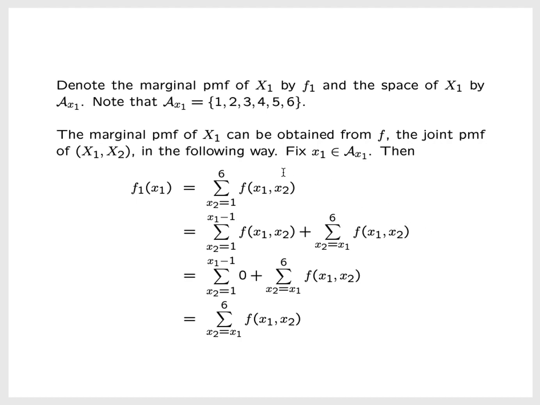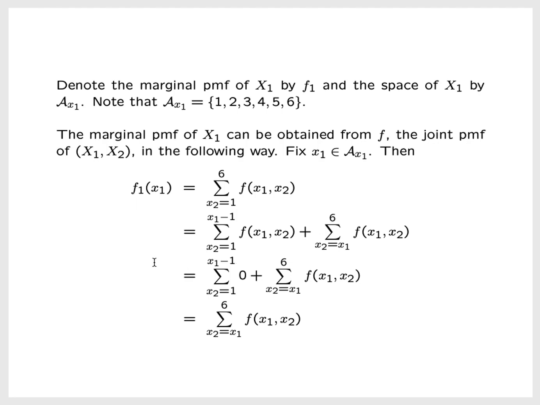Now I'm going to decompose this sum of the joint PMF into two pieces. The first piece is the sum of the joint PMF, where X2 goes from 1 up to X1 minus 1. And then the second piece is the sum of the joint PMF, where X2 starts at X1 and then goes up to 6.